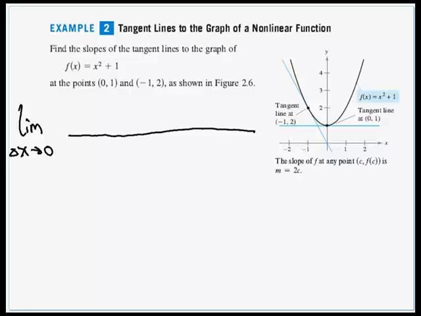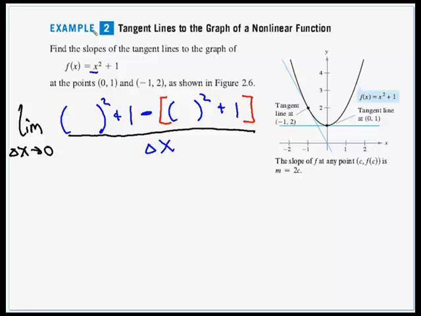And in the numerator, our function is something squared, x squared, plus 1. So we're going to have something squared plus 1 minus, and then here's where we don't want to forget those brackets, the same function, something squared plus 1, all over delta x.